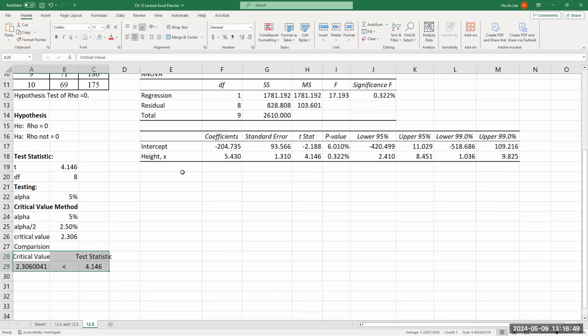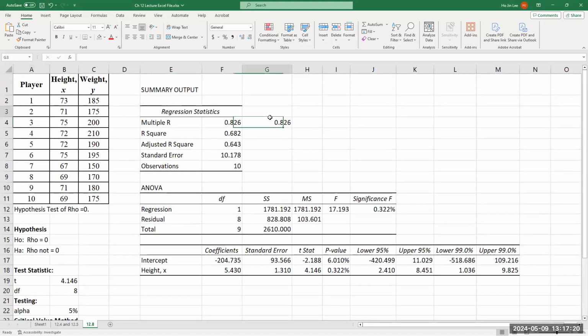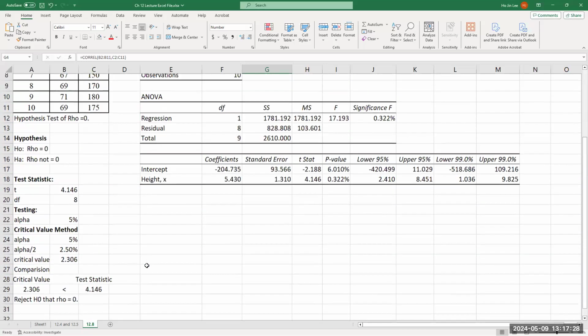And if the test statistic is bigger, that means we reject the null, that rho is equal to 0. That means rho is unlikely to equal 0, meaning rho is different from 0. In our case, we calculated the rho to be positive, meaning as x goes up, y goes up as well. There's a positive relationship between x and y.